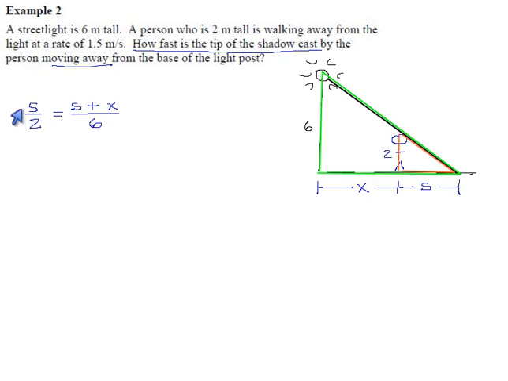Okay, so base of the small triangle, height of the small triangle, base of the big triangle, height of the big triangle. Now, we can multiply that out and clean it up a little bit. If I cross multiply this, if I go s times 6 and 2 times (s plus x), I get 6s equals 2s plus 2x.